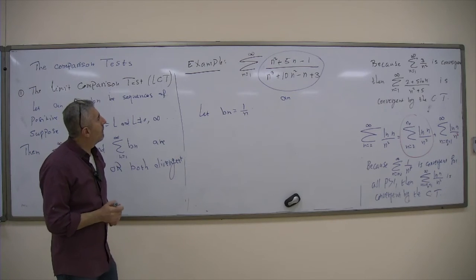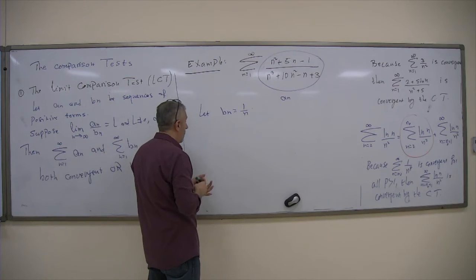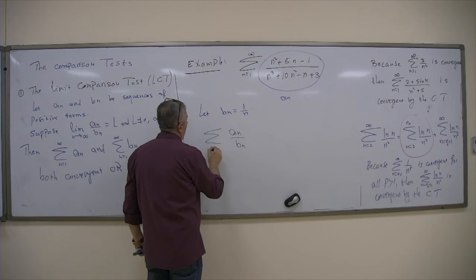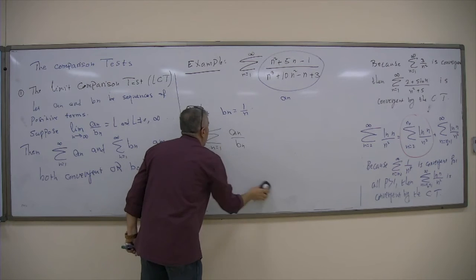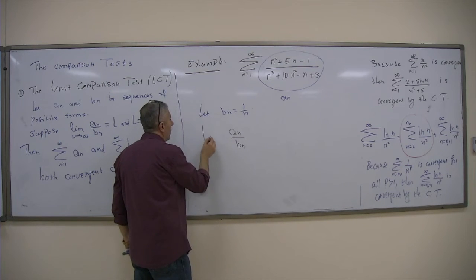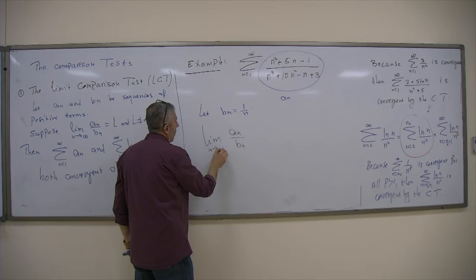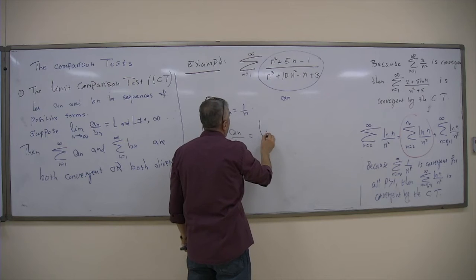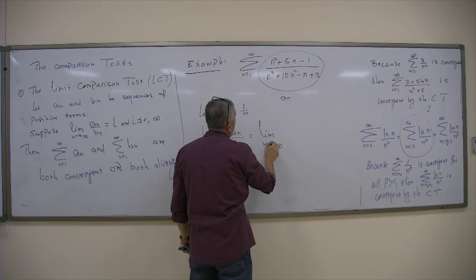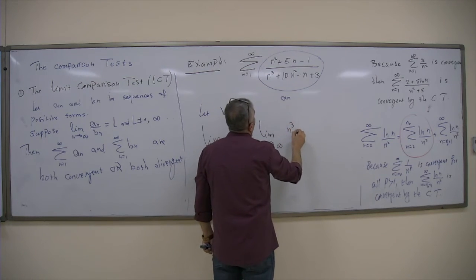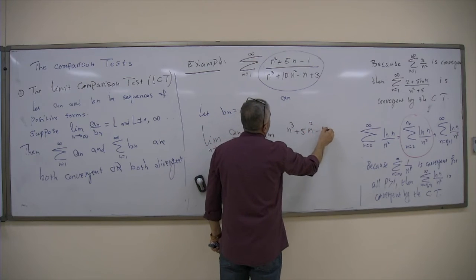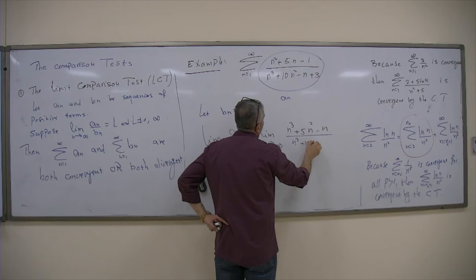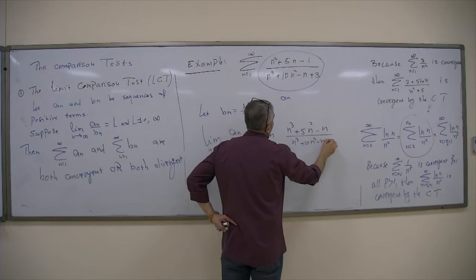So the limit of a_n over b_n, n from 1 to infinity, limit, not sum. The limit of a_n over b_n as n goes to infinity: divide this by this, what do you get? You get the limit as n goes to infinity of (n cubed plus 5n squared minus n) over (n cubed plus 10n squared minus n plus 3).